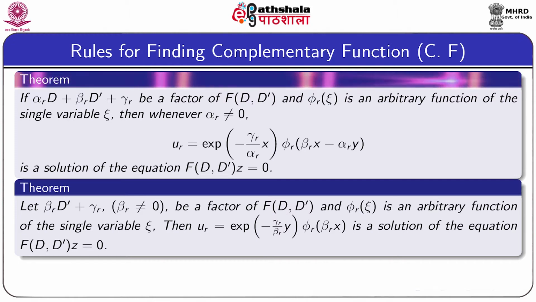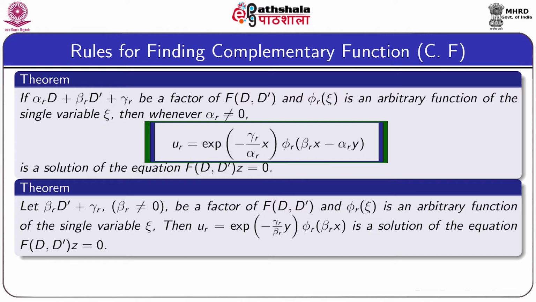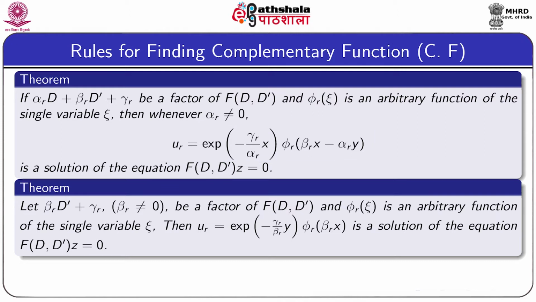For that I need to state one theorem, which states that if alpha_r D plus beta_r D' plus gamma_r is a factor of F and phi_r(xi) is an arbitrary function of the single variable xi, and we also assume that alpha_r is not equal to 0, then u_r equals exponential of minus gamma_r by alpha_r times x, into phi_r(beta_r x minus alpha_r y), is a solution of the equation F z equals 0.